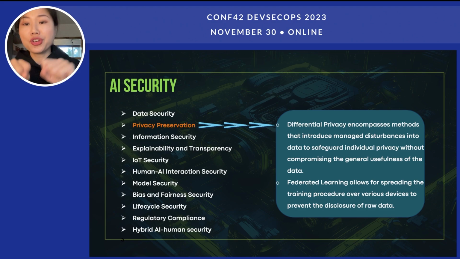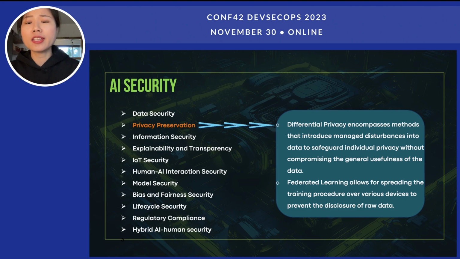For example, differential privacy. In such methods, we introduce managed disturbance or other noise into the data to safeguard individual privacy without compromising the general usefulness of the data. So even if it has been hacked, they get only noise. They cannot get the general usefulness of the data.